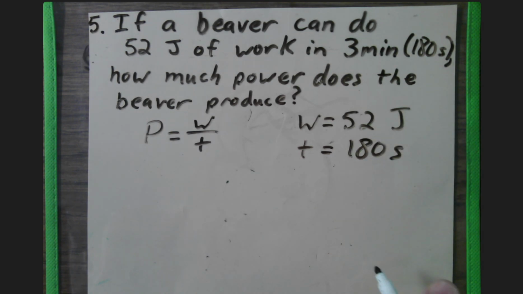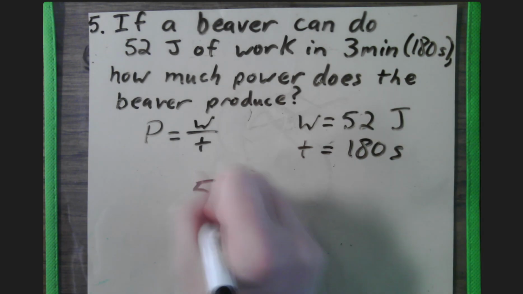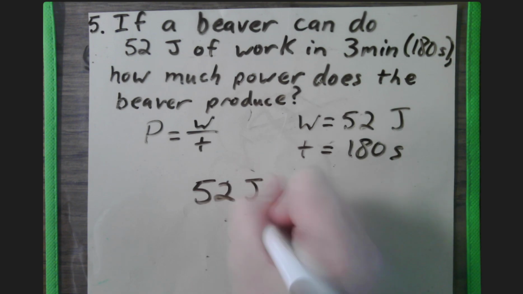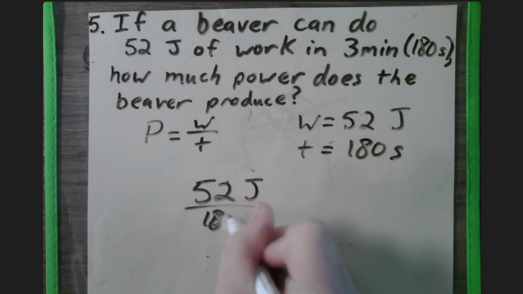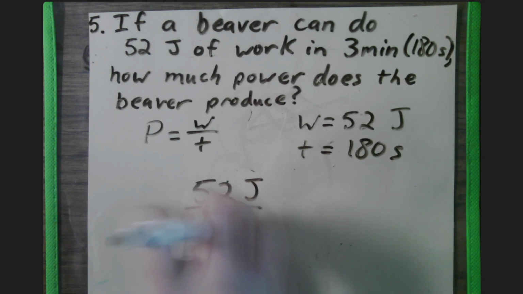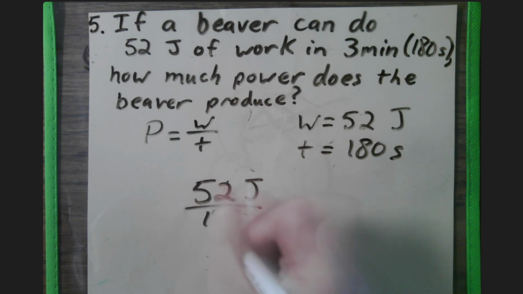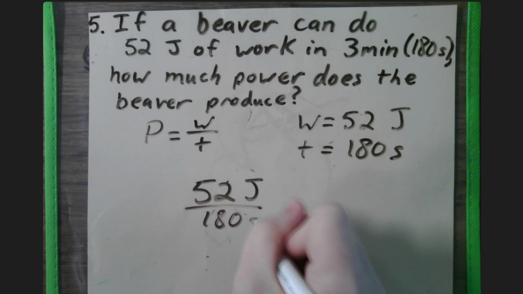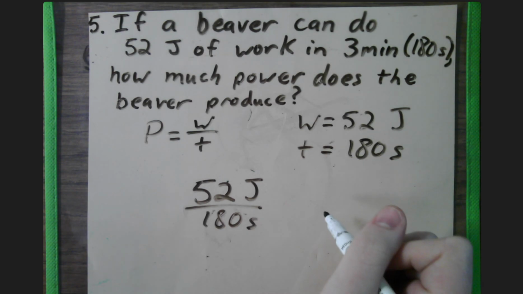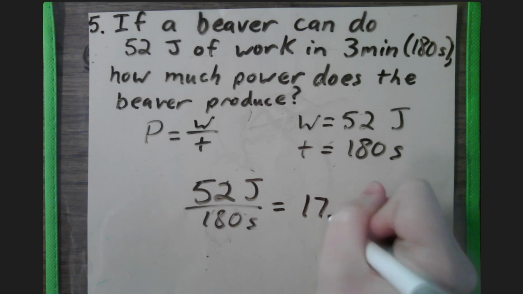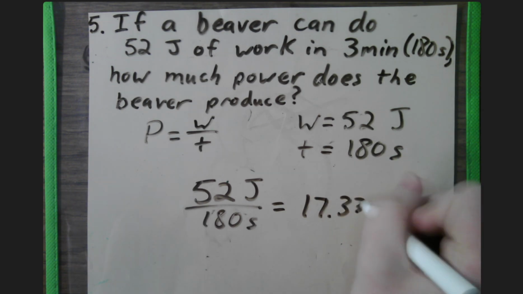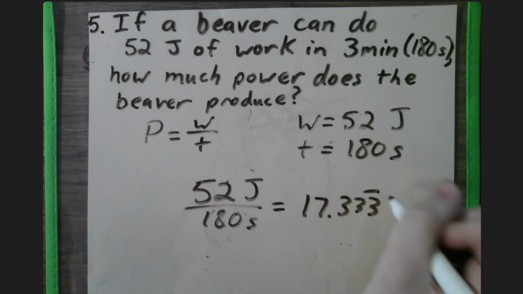So let's plug in our numbers. 52 joules divided by 180 seconds. And that is going to be equal to 17.333 repeating.